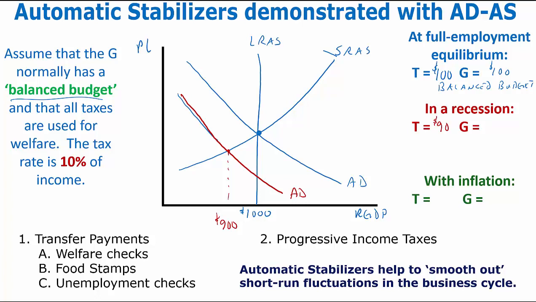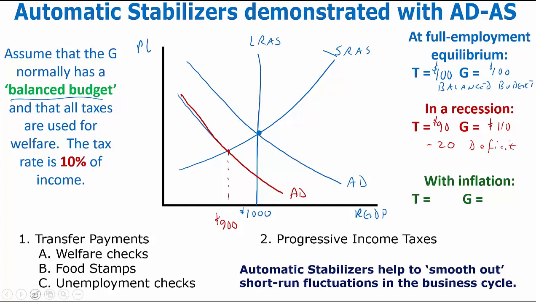However, now you have more people unemployed and more of them are going to require assistance of some sort. So remember, this economy has a balanced budget under normal circumstances. In a recession, its government spending automatically increases. Let's say it goes to 110. And so now, because of the higher unemployment and the lower tax revenue, there is a $20 deficit in this case.